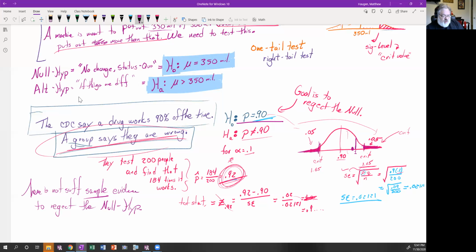So that's kind of a real quick version of 10.1 and 10.2, frankly. 10.1 goes into most of this language. 10.2 starts us actually testing things. 10.3 starts to bring in p-values, which you'll read about, and we'll talk about on Wednesday if you want. It's not really different. I don't want to overwhelm you guys.